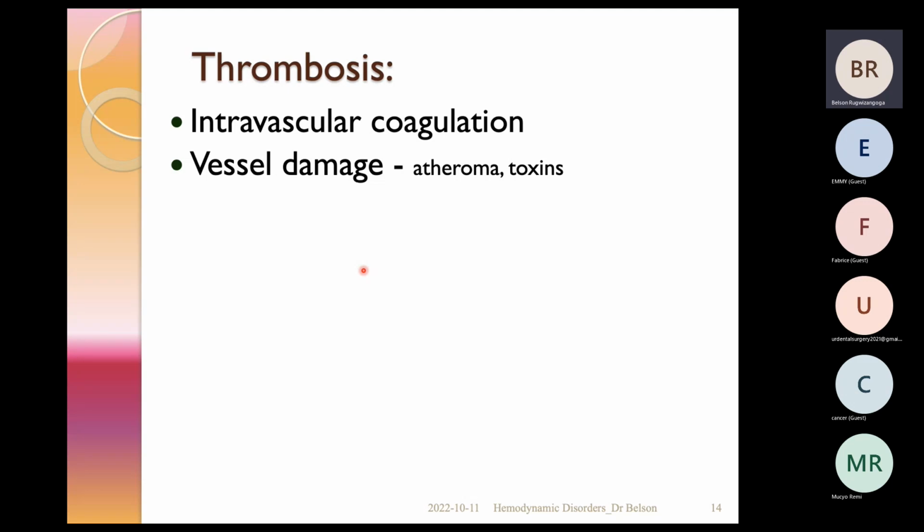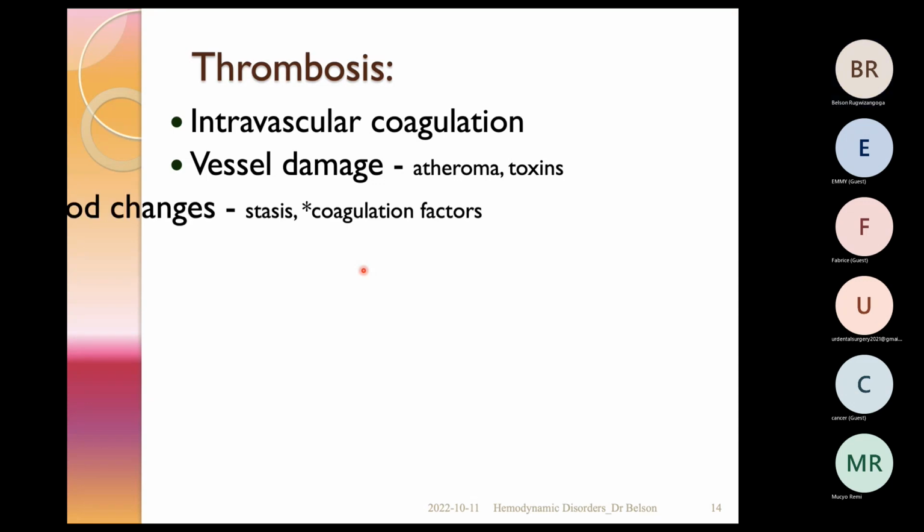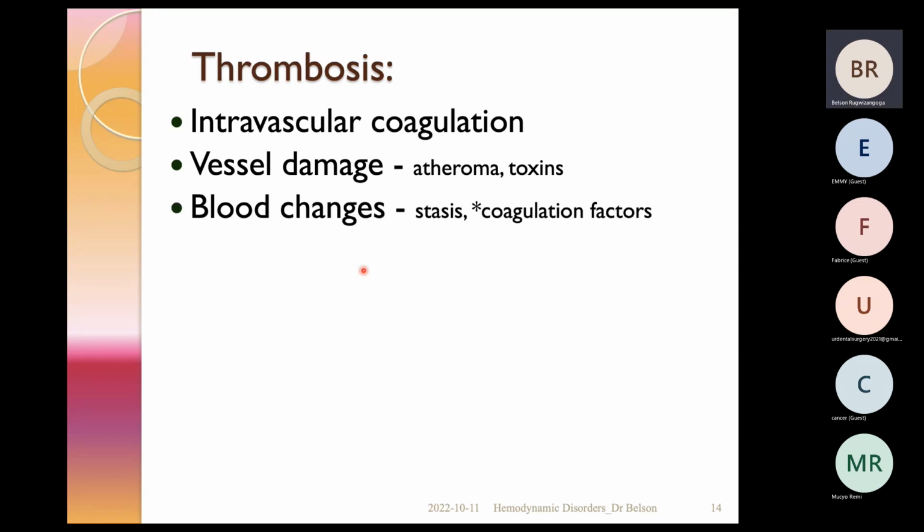So what are the causes? Usually there is damage, vascular damage, which causes that, but we shall see some three things which must be there in order to have a thrombus. So vascular damage with atheroma, toxins, there are blood changes, when there is stagnation of the blood or the blood flow is slowed down.